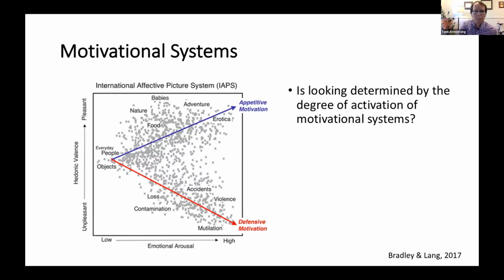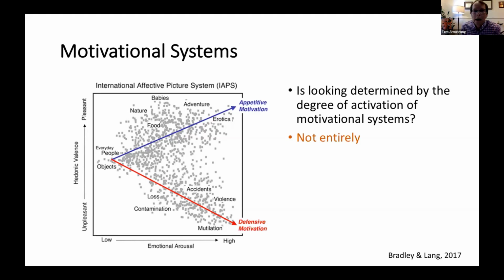So, appetitive motivational circuitry, in a more general description of the motivational systems in humans and other mammals, motivates approach behavior towards beneficial stimuli, whereas defensive motivational circuitry motivates avoidance behavior away from noxious or harmful stimuli. And it may be the case that you look towards things that activate this appetitive circuitry, you look away from things that activate this defensive circuitry, and the degree of looking towards or away just depends on the potency of the stimuli.